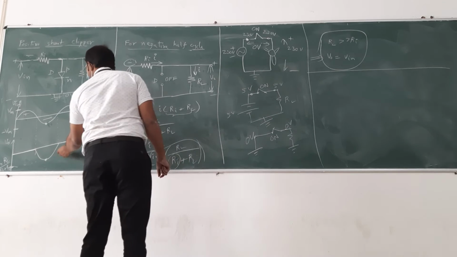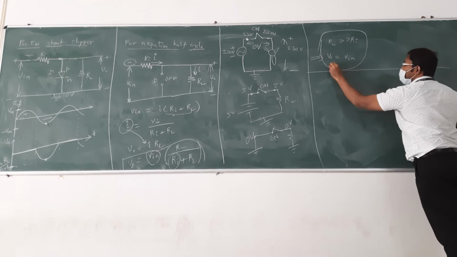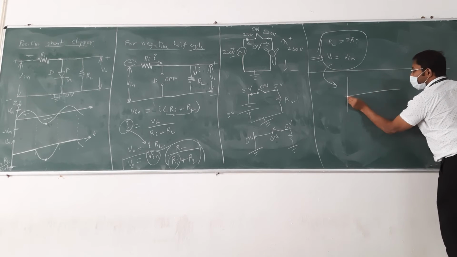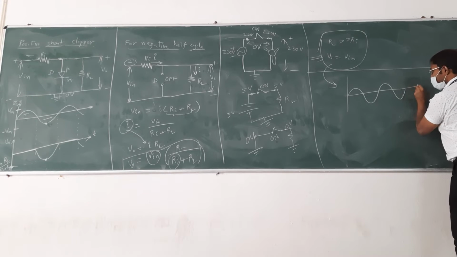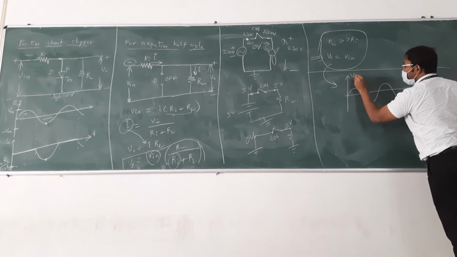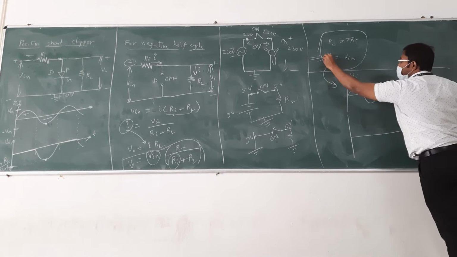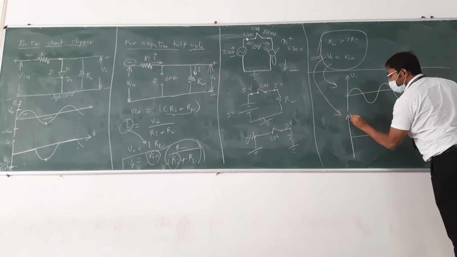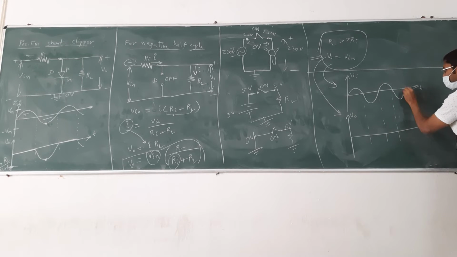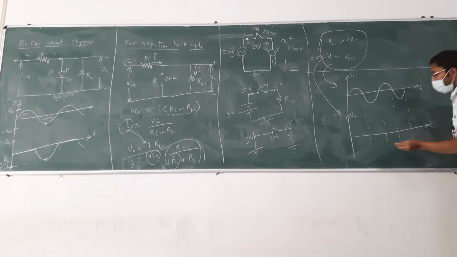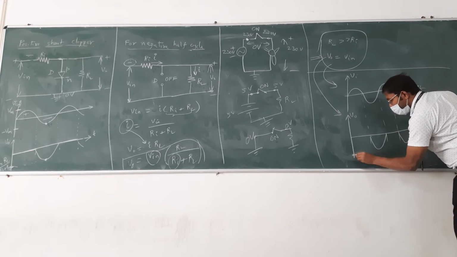So here, next for this condition, what will be the waveform? For this case, which half cycle will we get? Same, only the negative half cycle. What will this point be?